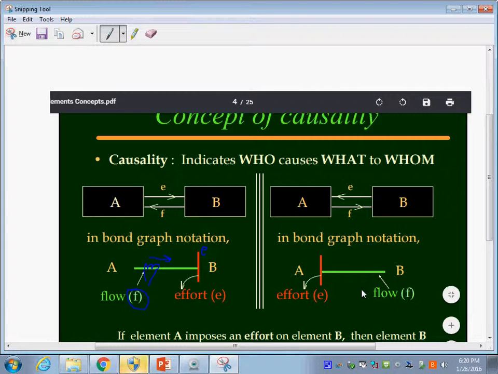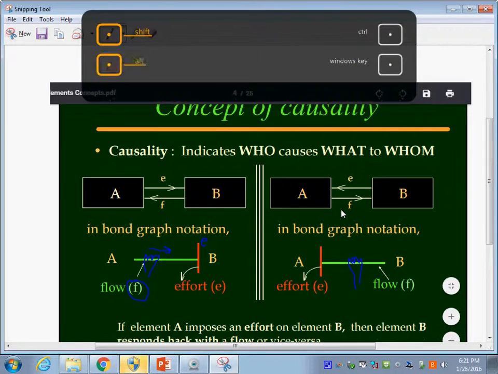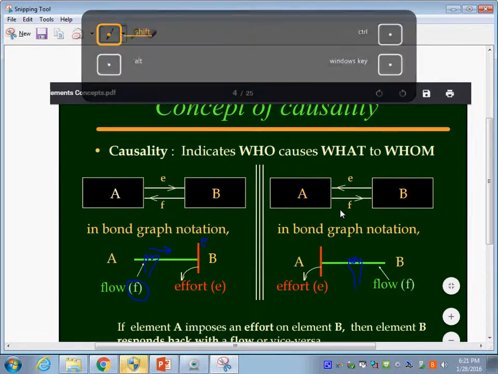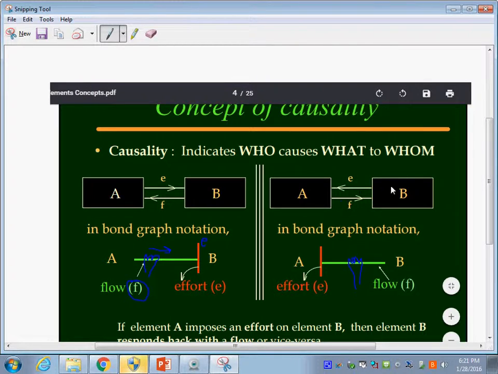You see, let's say that you are in here again, there's your hand. There you go. And now you say, okay, if you press it so that B inflicts an effort on A, that is represented by this crossbar. And the response of A is represented by the green bar.